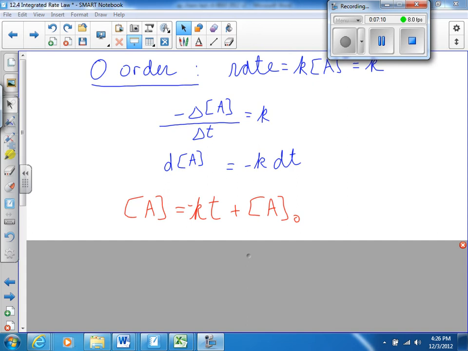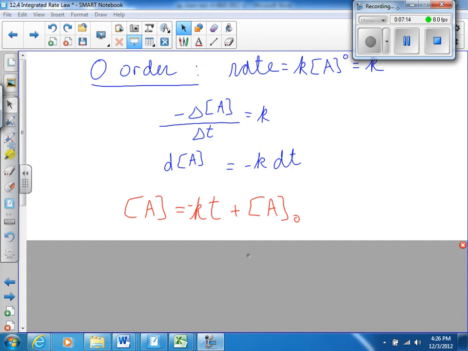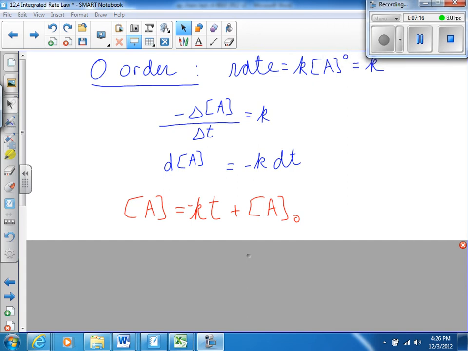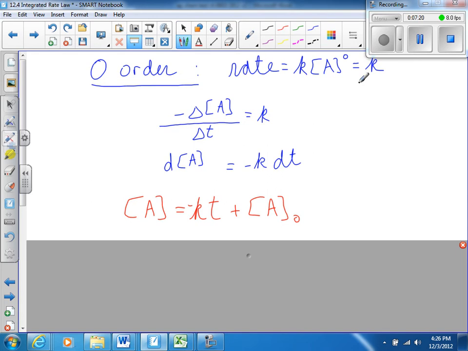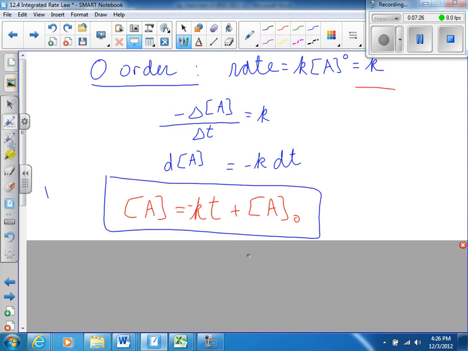Okay, so the 0 order rate law is, the rate is k A to the 0, which is just k. And we do this miraculous calculus work, and we come out with this rate law right here. This is the integrated rate law for a 0 order reaction.